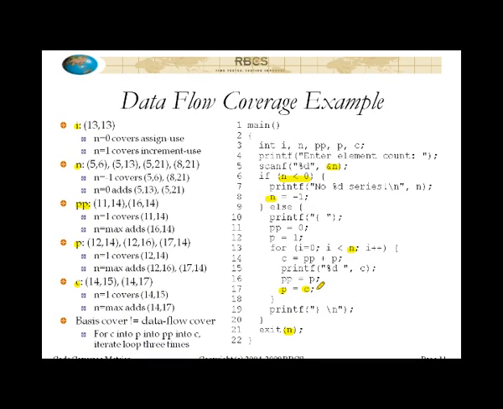The value in C flows into P, and then the value in P flows into PP, and then it flows back into C here. So there are interesting data flows that can occur that are not necessarily going to be addressed by control flow coverage.